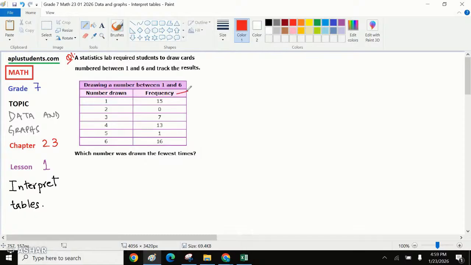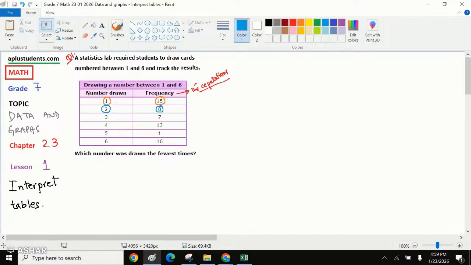Frequency is basically the number of repetitions. The frequency of anything is the number of repetitions. That means number 1 was drawn 15 times. Number 2 was drawn 0 times. And so on.